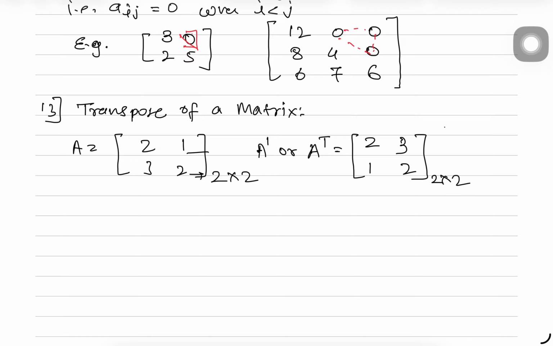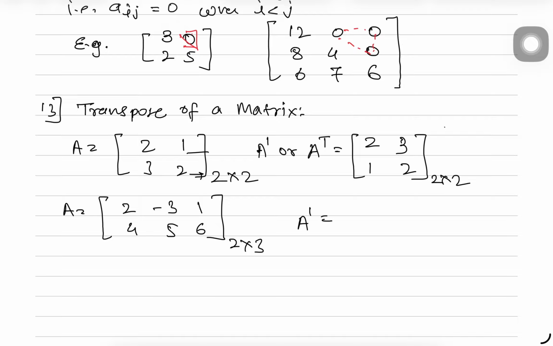For a better understanding, we will take another example, rather than a square matrix. Say A is equal to 2, minus 3, 1, 4, 5, 6, with the order 2 cross 3.